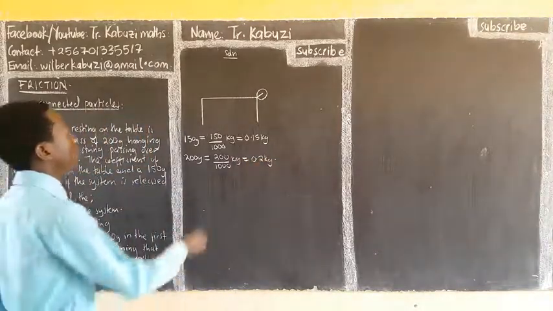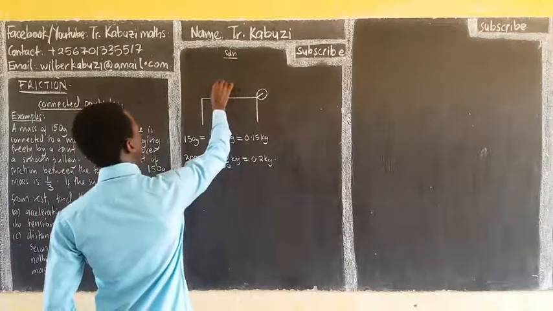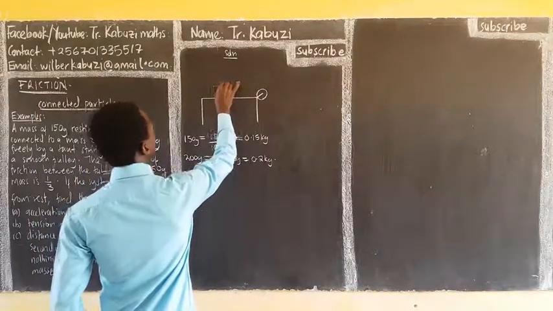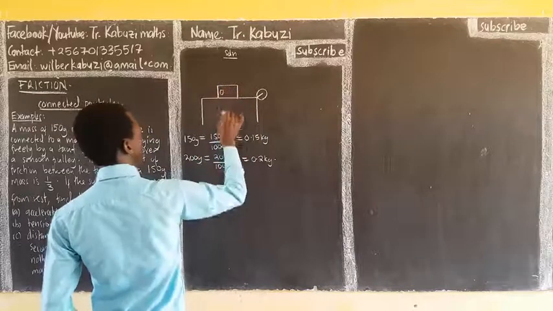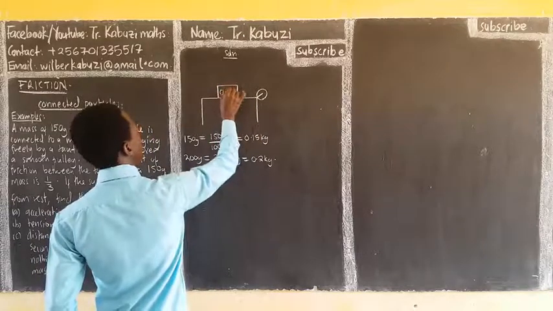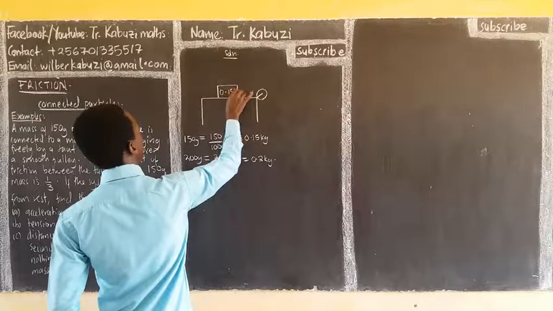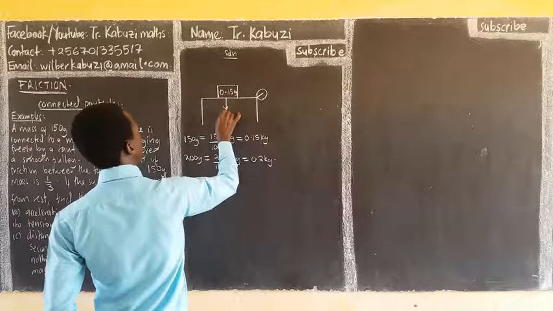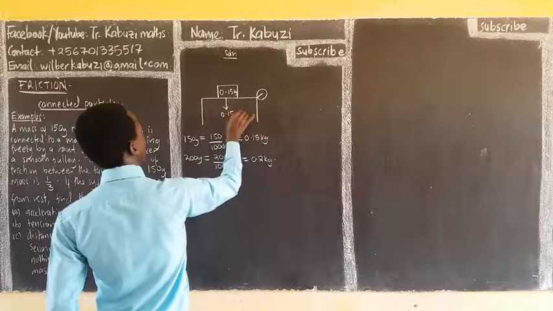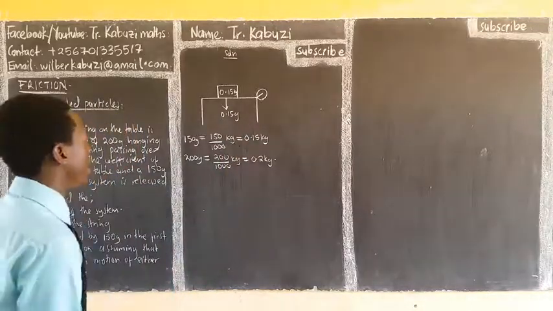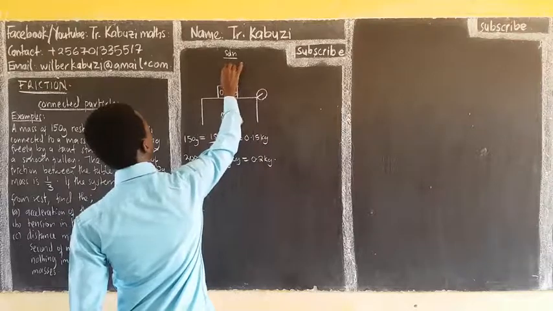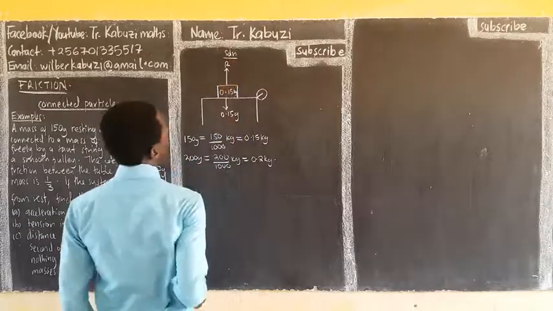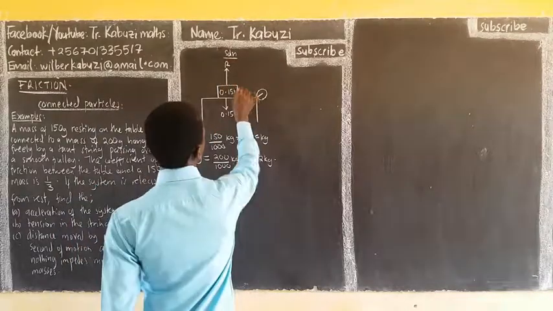Okay, so now we come and put in our weights. This is the particle of mass 0.15 kilograms on the table. Its weight is going to be the mass times the gravity, 0.15g. Of course, it's going to have a reaction R. Then it's connected by a taut string.